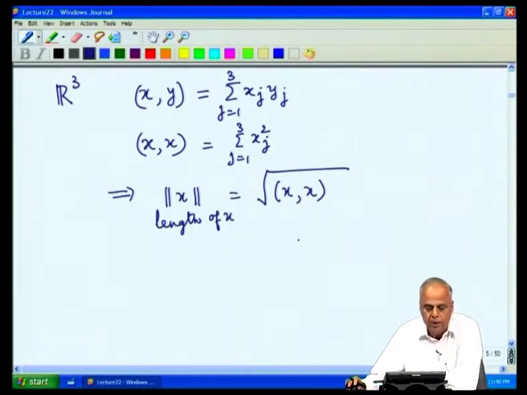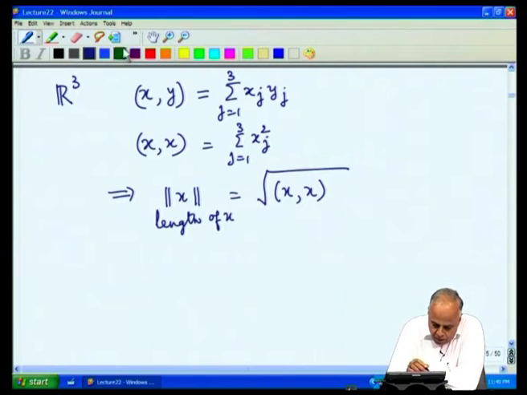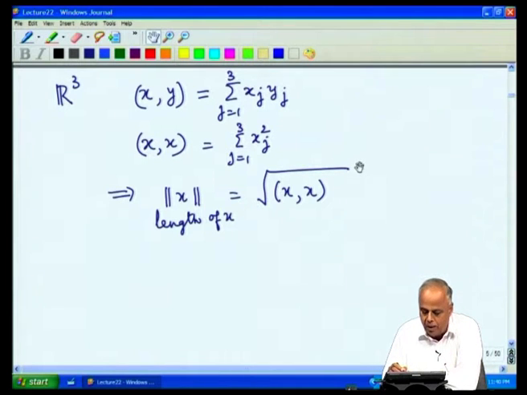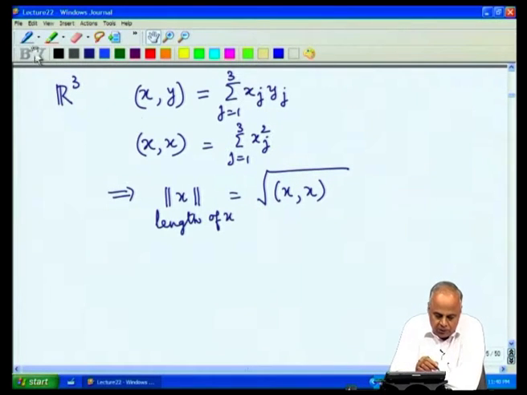Now, this is generalized to define the length of a vector from the inner product through this definition. So, the moment we have the notion of the inner product, we can define the notion of the length through this definition by the experience that we gain from looking at R 3.